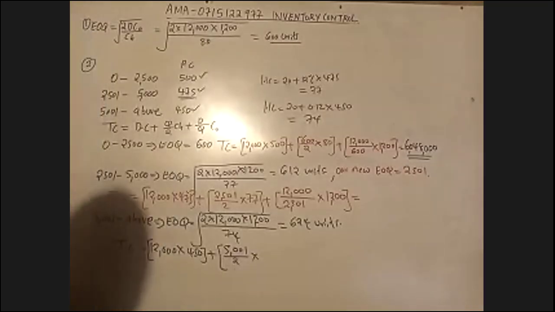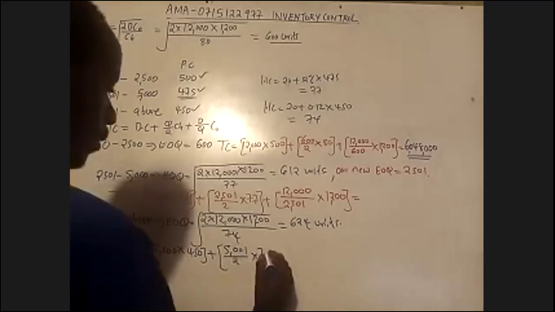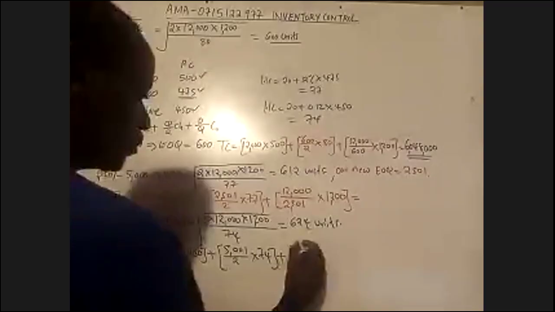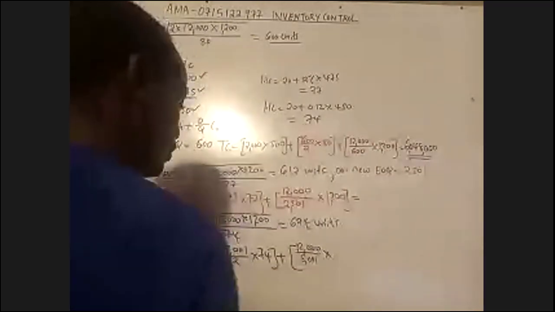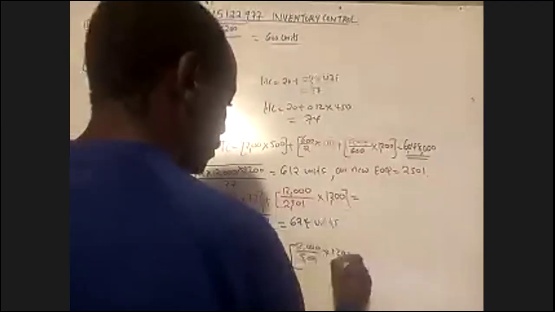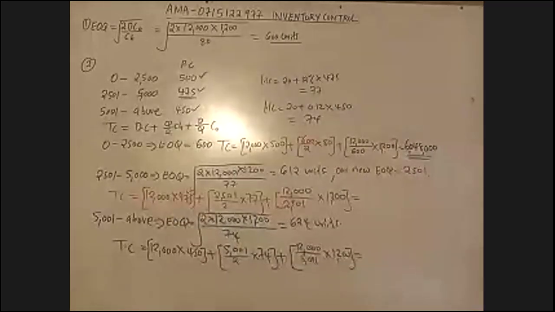We multiply with our 74 plus our D, which is 12,000 over 5,000 times 1,200. So give me the answers of those two items.